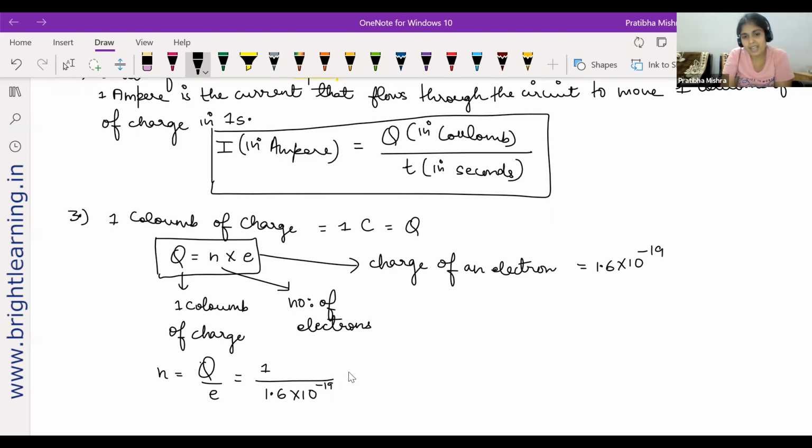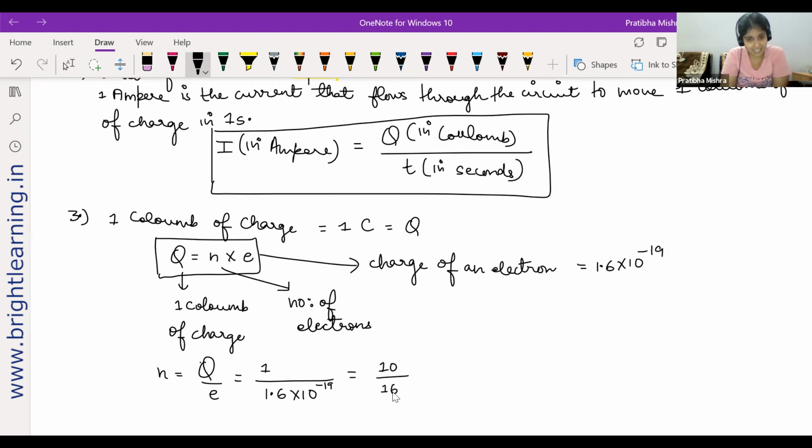So just write it down here. Once you start solving, it's 1 by 1.6. It's not easy to solve the decimal, so we multiply numerator and denominator with a 10.